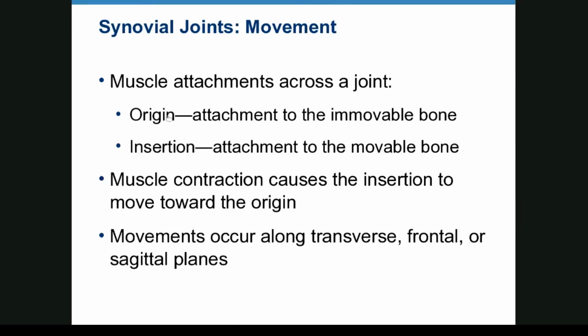Okay, now when we talk about movement across joints, the muscle has two things. You have to have an origin, which is attached to the immovable bone, and then the insertion, which is attached to the movable bone. So this muscle has to go across a joint or you would get no movement. Muscle contraction causes the insertion to move towards the origin.